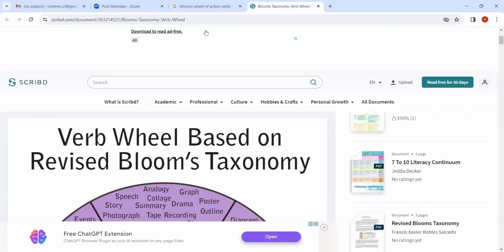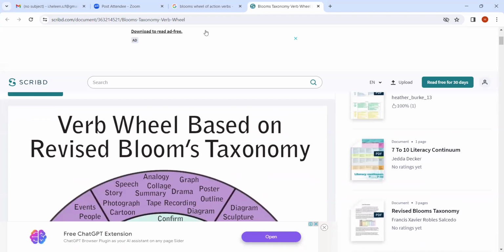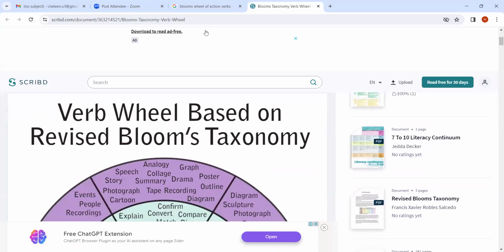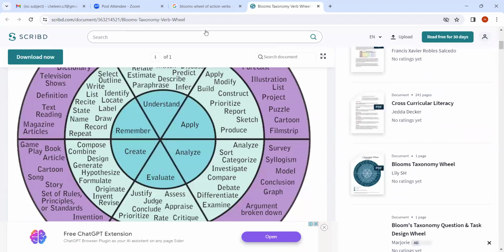Half is visible, ma'am. Yeah, I have to actually scroll it up and down and show you this from the web. So here you can see, remembering, understanding, applying.